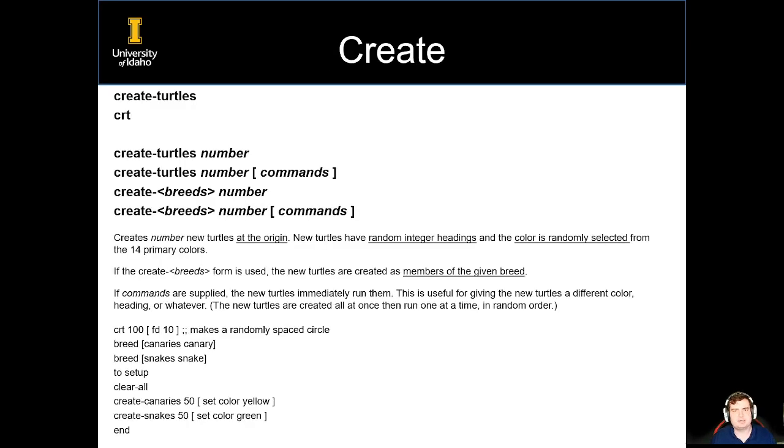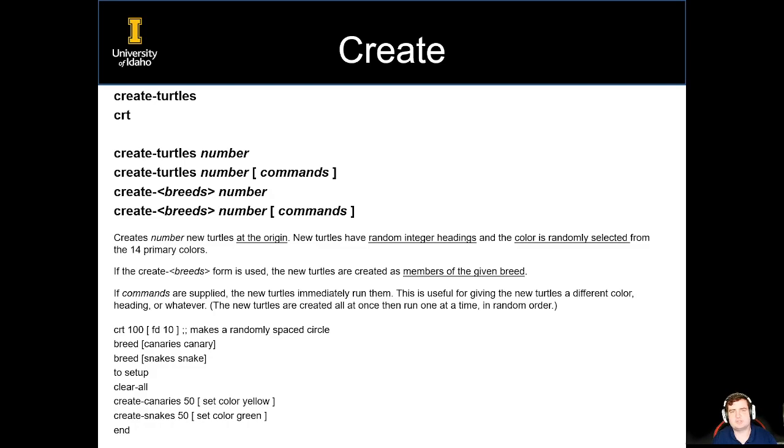So create, like I said, create-turtles. You can use crt for short, but it expects there to be create-turtles and then a number. And then you can also do create-turtles, a number, and then provide commands after it. You can also apply any breeds. Notice the plural aspect of that, for any breeds that you may make in your program.